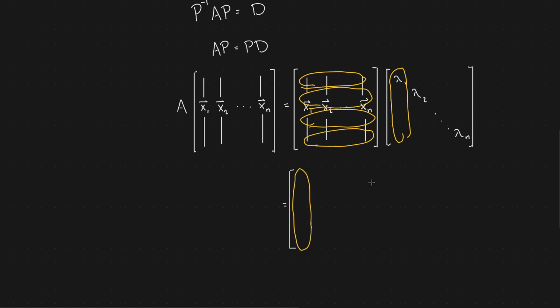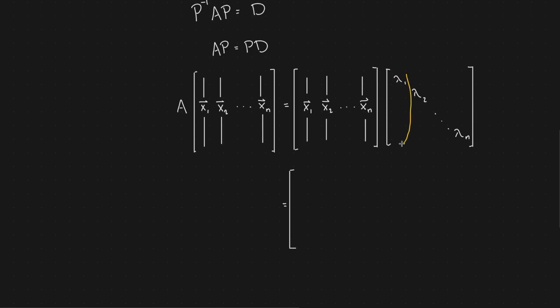in matrix P. Okay? But notice that the only non-zero entry, or potentially non-zero entry, in my diagonal matrix is the first one, right? So no matter which row this first column multiplies by, the only element that will potentially not be 0 would be lambda 1 times the first element in x1, right?